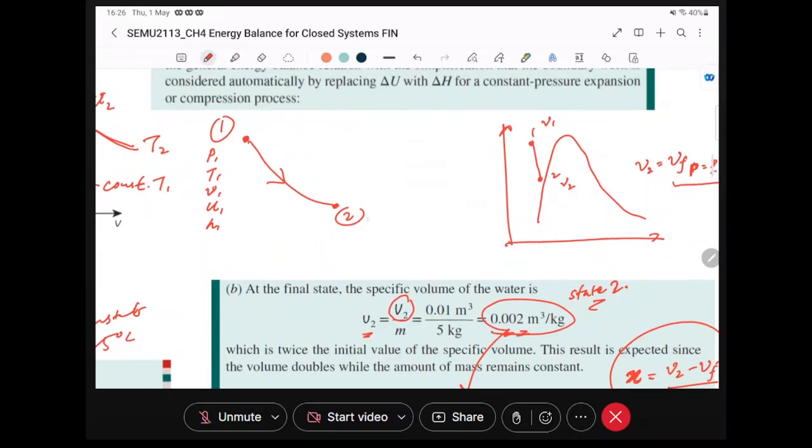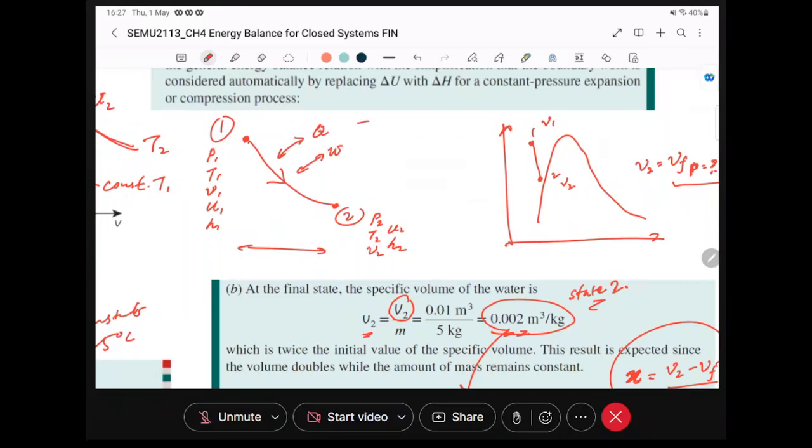And for state number 2, you also will have the corresponding property. Between them is what defines whether there is any Q, any work.